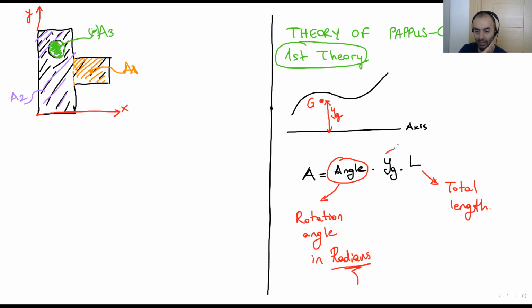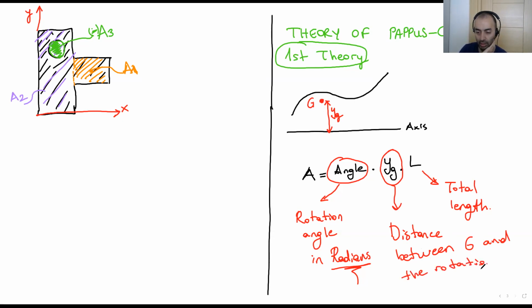This is the distance between G and the rotation axis. Okay. If we find all these three unknowns, yes, we can calculate the area.